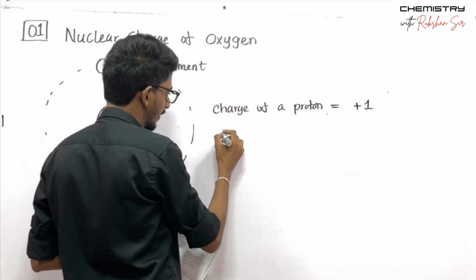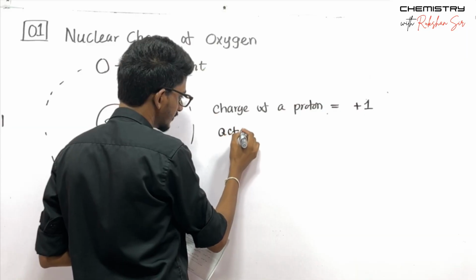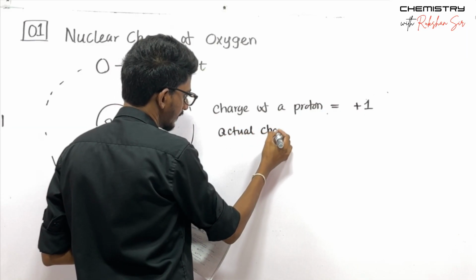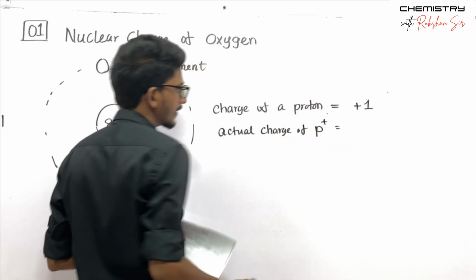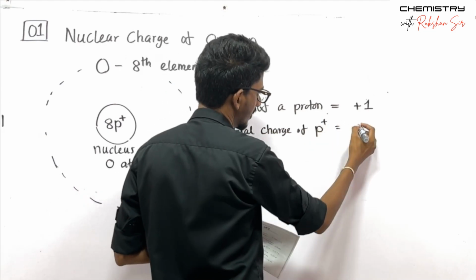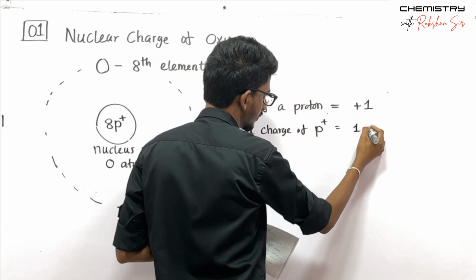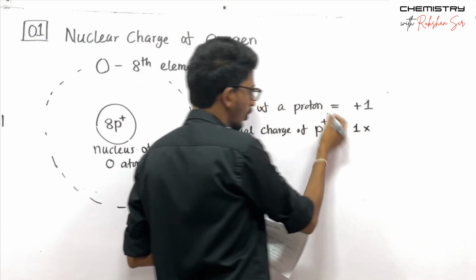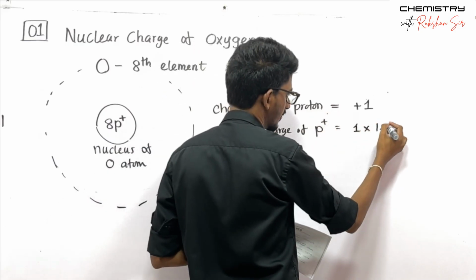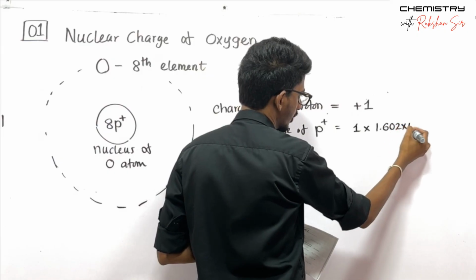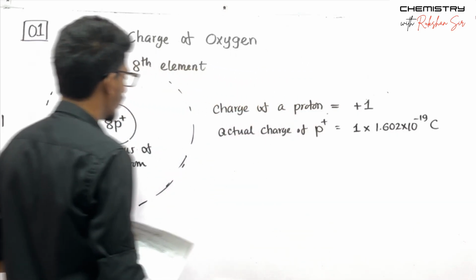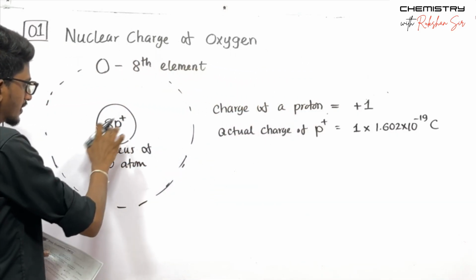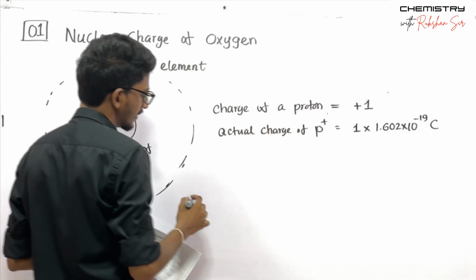When it comes to the actual charge of a proton, it is going to be 1 times the smallest charge unit, that is 1.602 × 10^-19 coulombs. So for the oxygen atom, you have 8 such protons.